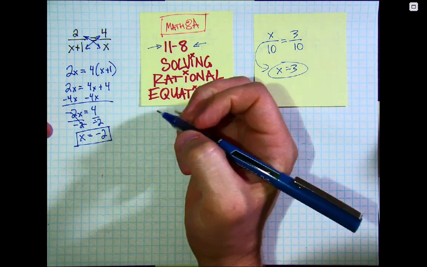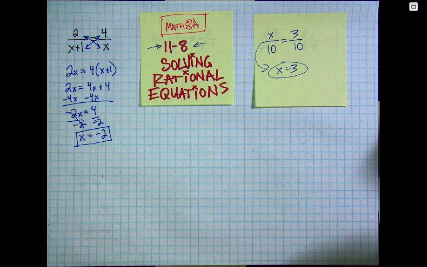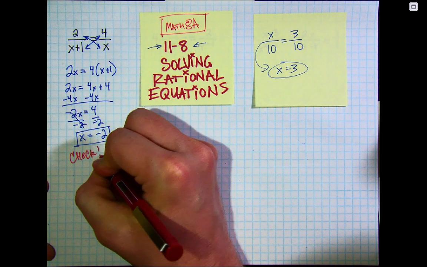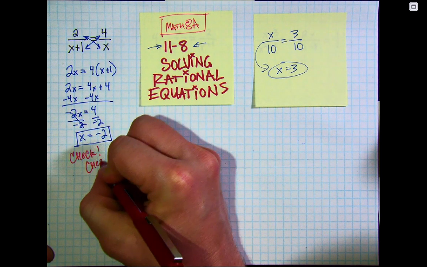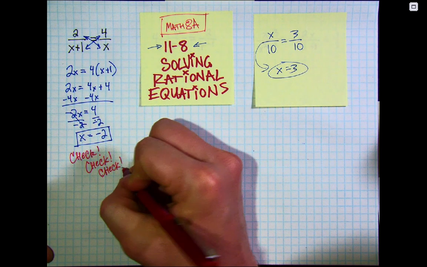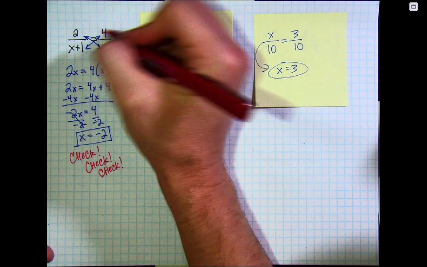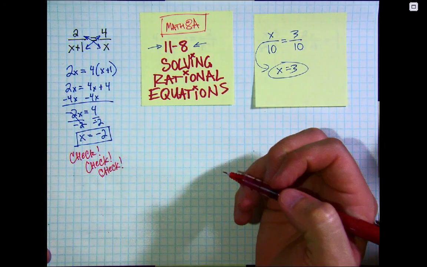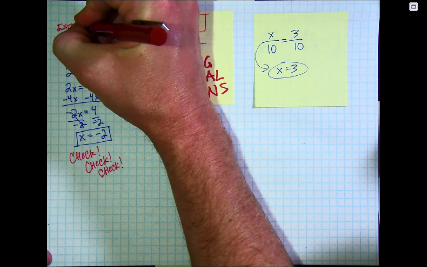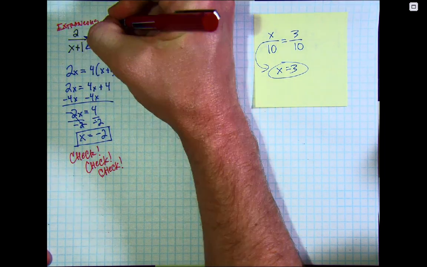Okay, the only thing I want you to be warned about on this one is check your solutions. And why is that important? Because whenever we have rational expressions, there is the possibility of extraneous solutions.